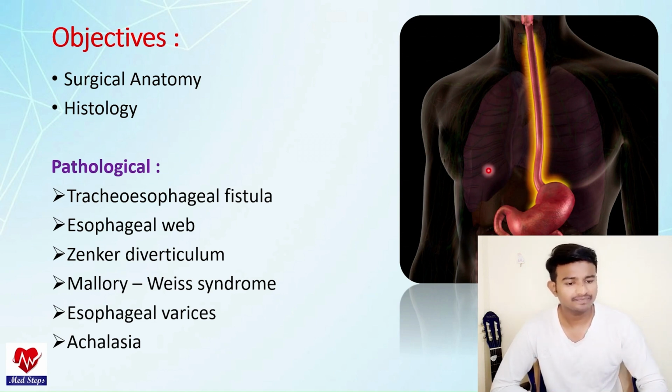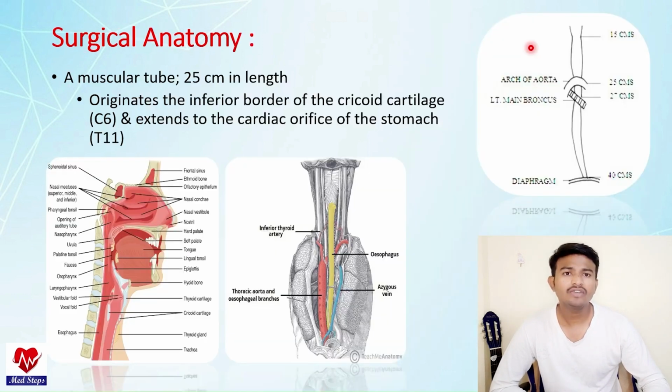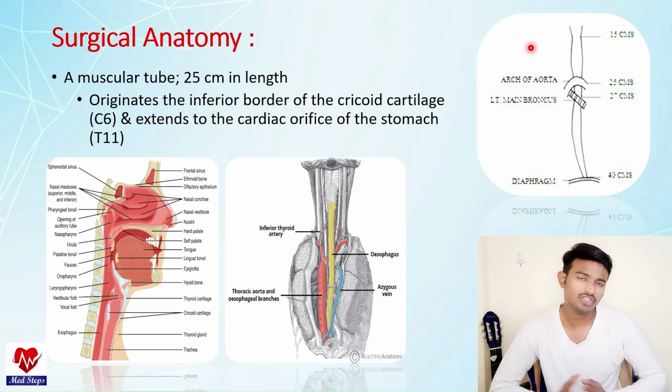If you see this picture, you are seeing one tube-like structure. This tube we call the esophagus. The esophagus is a fibromuscular tube. Its length is 25 centimeters. It originates from the inferior border of the cricoid cartilage at the C6 level and extends to the cardiac orifice of the stomach at the T11 level.